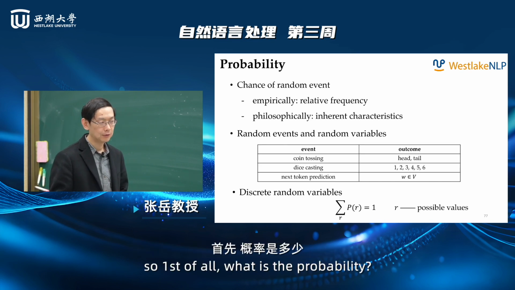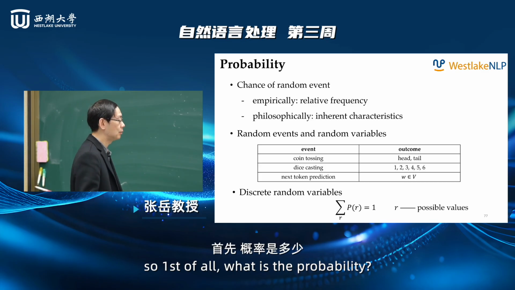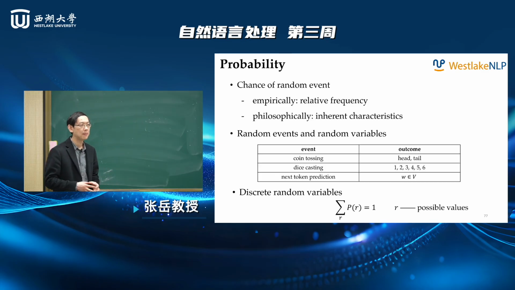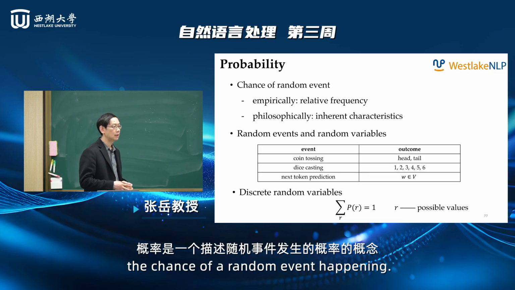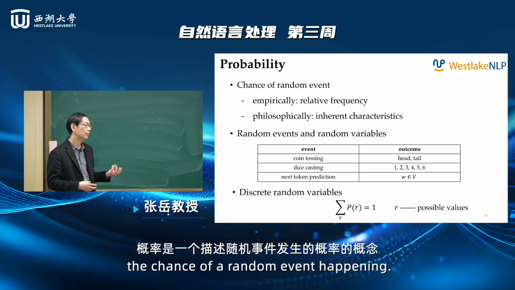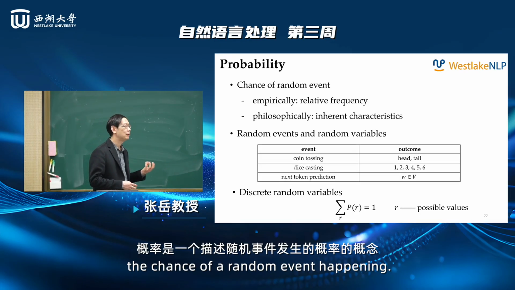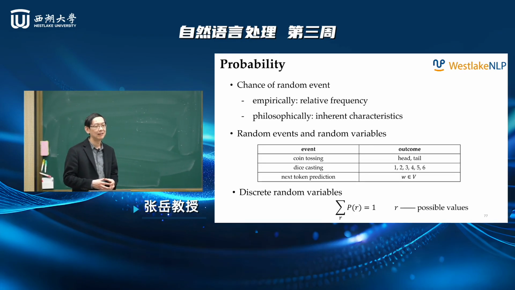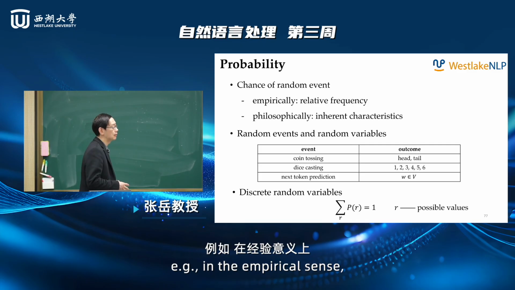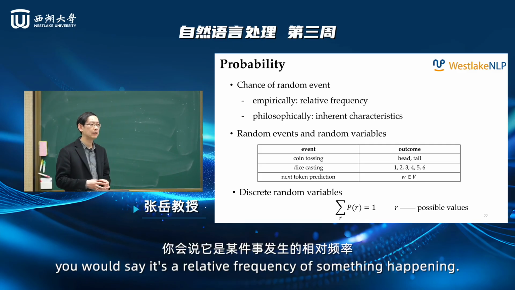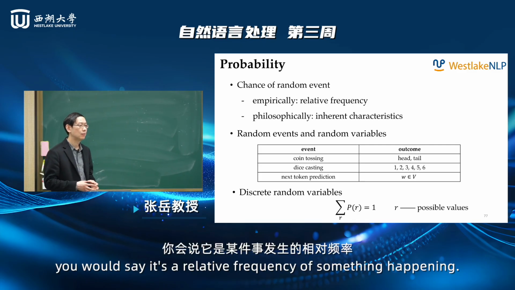Okay, so first of all, what is a probability? Probability is a concept that describes the chance of a random event happening. It has many senses. For example, in the empirical sense, you would say it's the relative frequency of something happening.